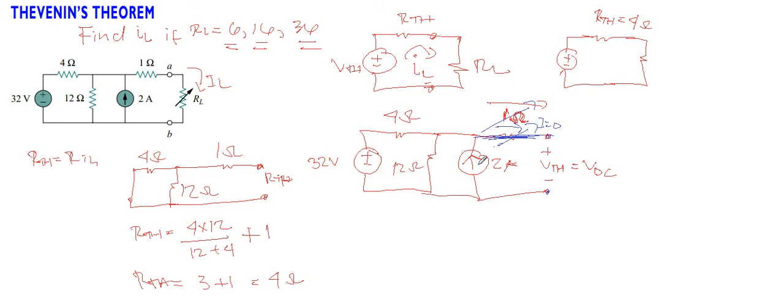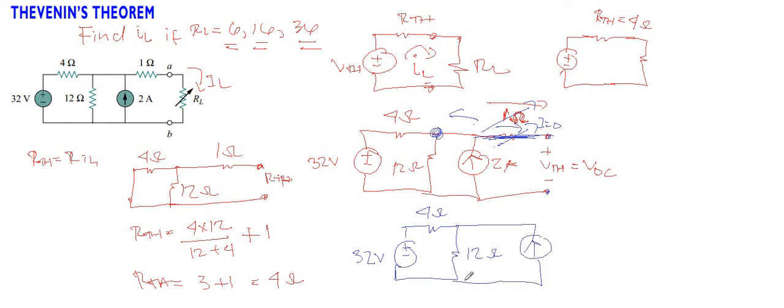Now, our 2 ohms will flow to this node. As you can see, this is our new circuit. This is the open circuit. If we look at it, this and this are in parallel with the open circuit.